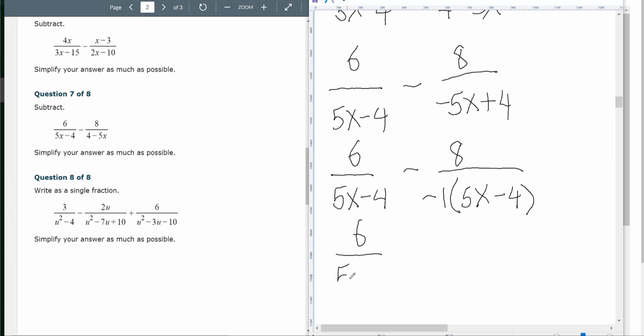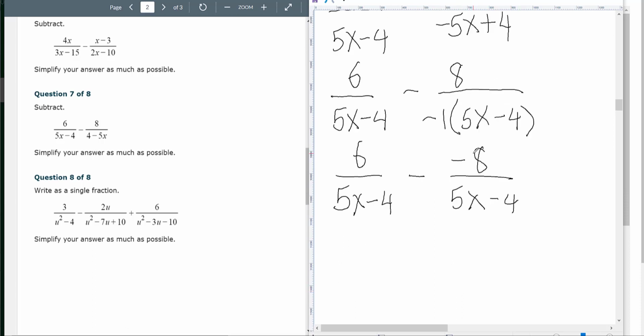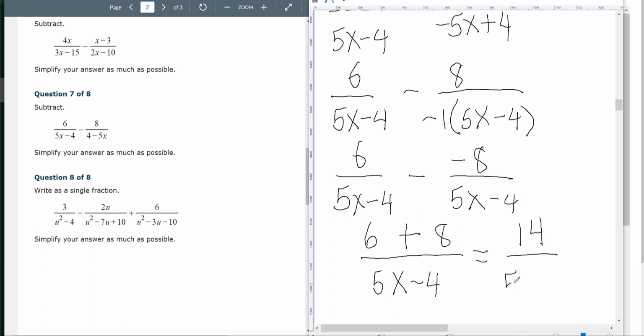So 6 over 5x minus 4 minus negative 8 over 5x minus 4. And this minus and a minus here, subtraction and a negative, make that 6 plus 8 over the common denominator of 5x minus 4. So the final answer ends up being 14 over 5x minus 4.